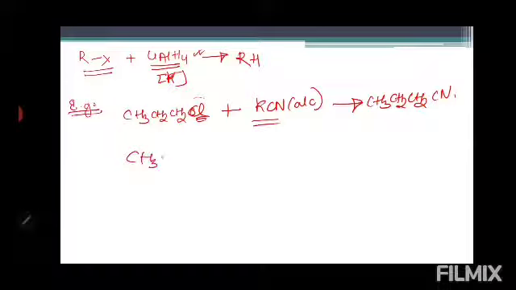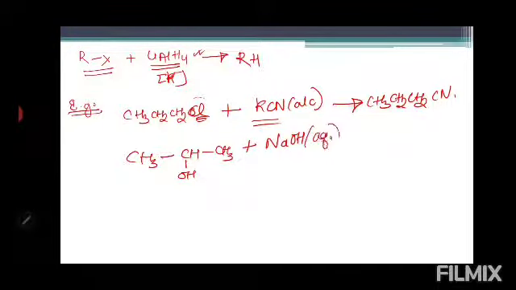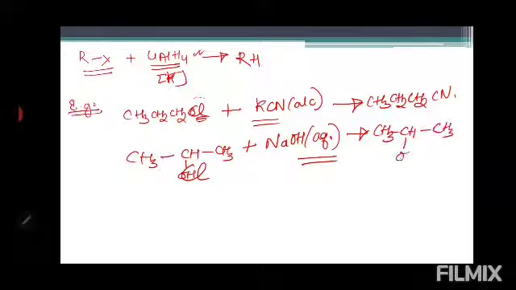Again, if we have CH3CHClCH3 and react it with aqueous sodium hydroxide, remember aqueous, then Cl will get replaced by OH. You will get the alcohol, CH3CHOHCH3.